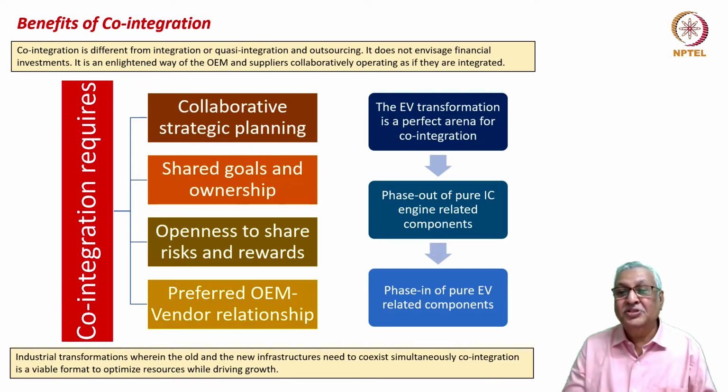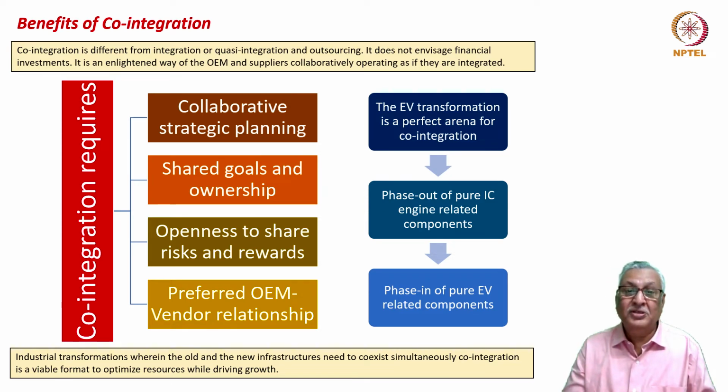The EV transformation is a perfect arena for co-integration. Phase out of pure IC engine related components must be accompanied by phase in of pure EV related components. So the first step should be to ask the likely phased out component makers to be ready for new entries.